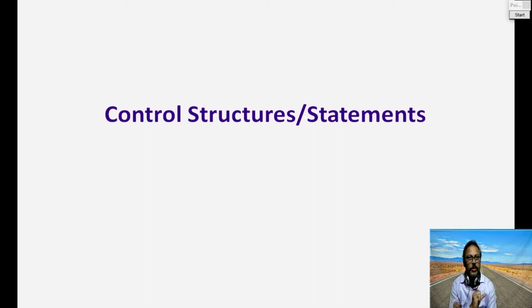What kind of control? Here we are interested in the execution of the programs, or execution of different statements or instructions in a program. So with these control statements, you get control over the execution of the statements.